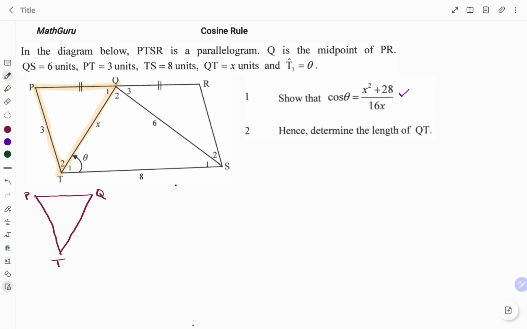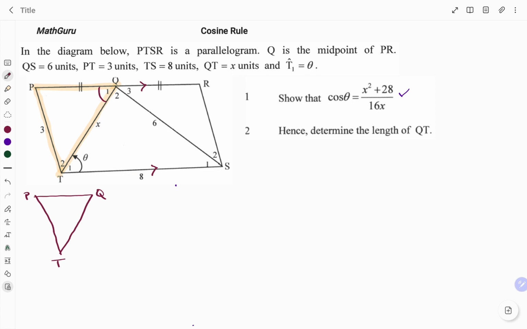Note that because the shape PTSR is a parallelogram, and we know the properties of a parallelogram, opposite sides are parallel and equal. So I have the line PR parallel to the line ST. Likewise, the line PT is parallel to the line RS. However, I need to find the angle Q1.